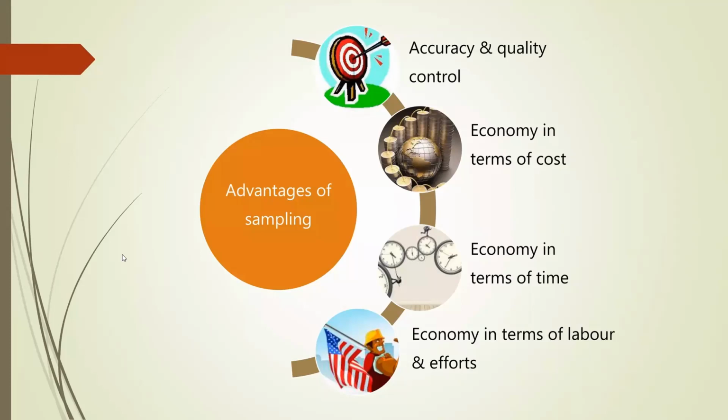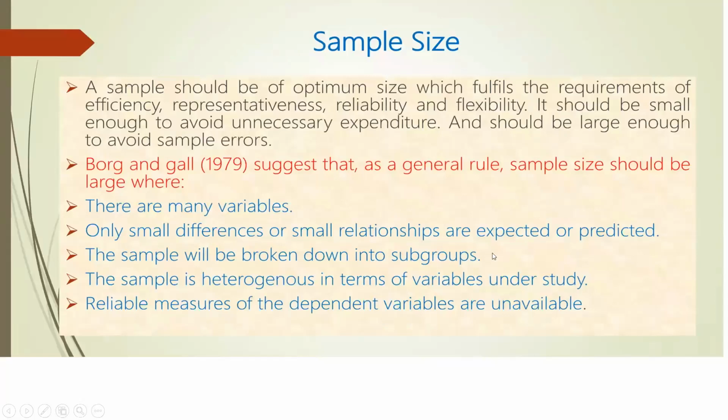Now, like the advantages of sampling, there are disadvantages of sampling also. So what are they? The reliability of a sample depends upon the appropriateness of the sampling method used, right? So which method you are using is very important. The purpose of sampling theory is to make sampling more efficient.